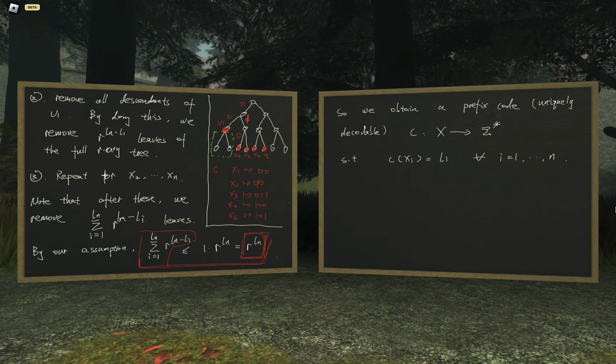Say in this case, if you have 2 here, you will see this will be r minus 2 plus r minus 2 plus r minus 2, which will be 3 over 4. Then when these things are small, the number of n has to be small as well.